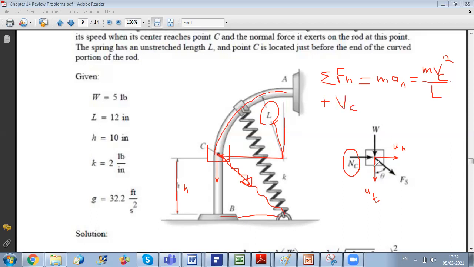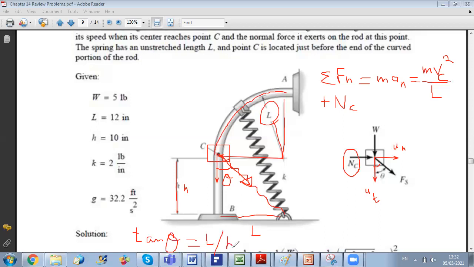We need to determine theta in order to project the spring force. So how to calculate theta? If we go back to this figure, this is theta here. To calculate theta, we simply say that knowing that this distance is L and this is h, the tangent of theta is L over h. So we can get the angle theta.